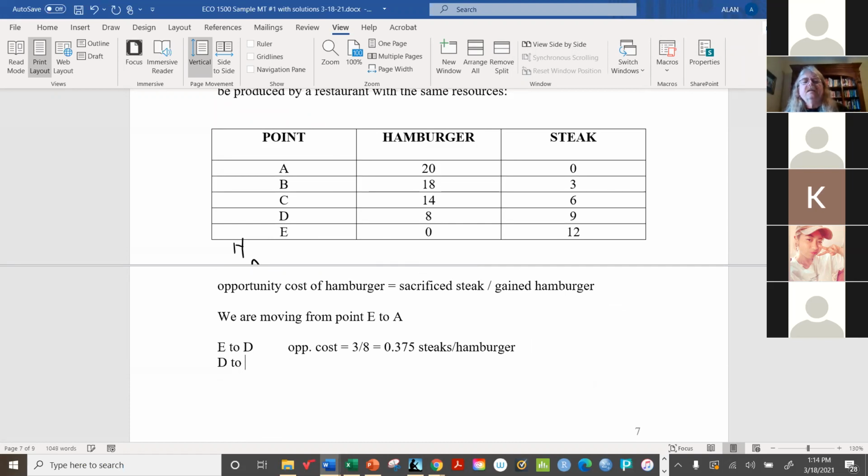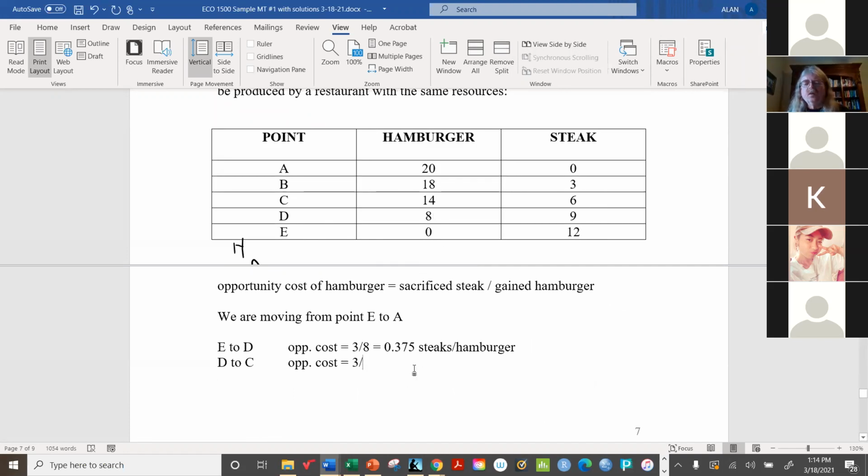Here we can go from D to C. So now what happens when we go from D to C? We give up 3 more steaks. We go from 9 to 6. The gain in the hamburgers is 6. We go from 8 to 14.